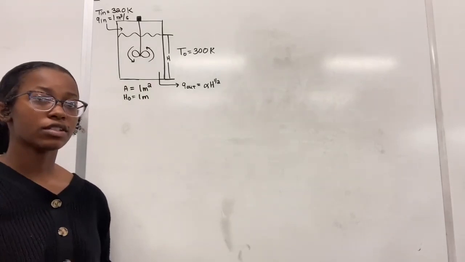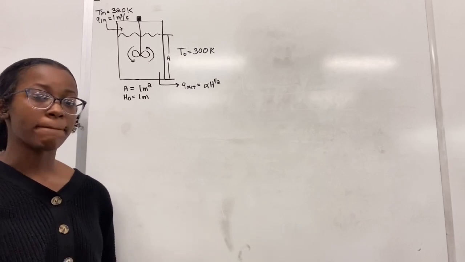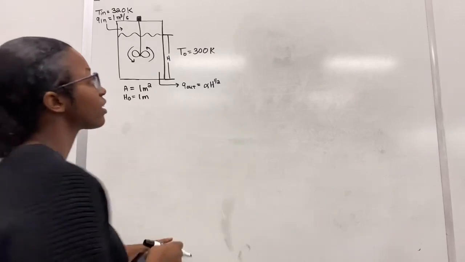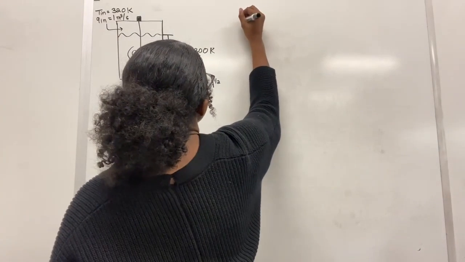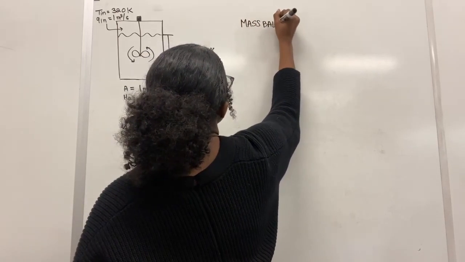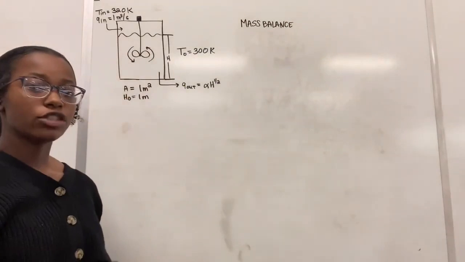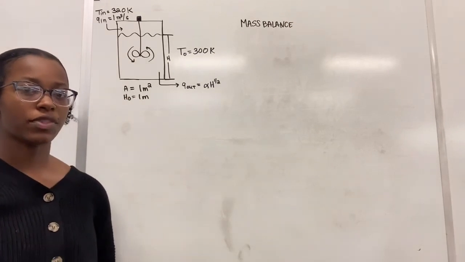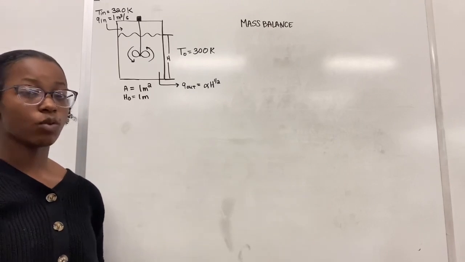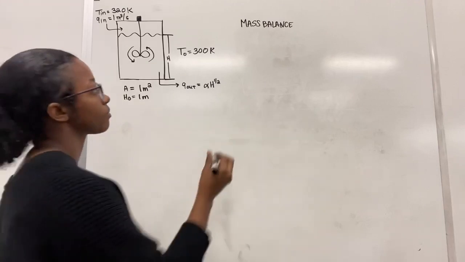So we can first find the equation for the change in height with respect to time by applying a mass balance onto our system. And to do this, we first have to know that the change in the mass of the system with respect to time is equal to the mass that's coming into the tank minus the mass that's leaving the tank.